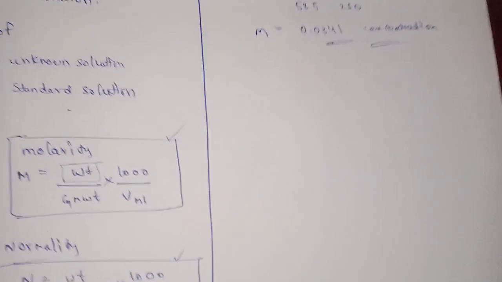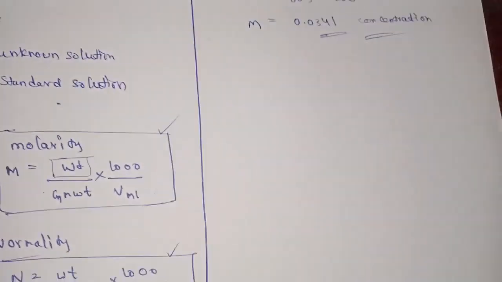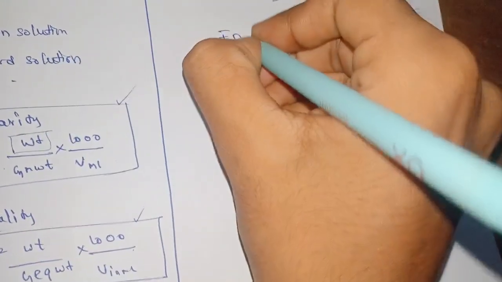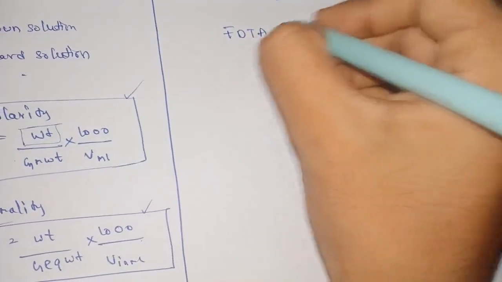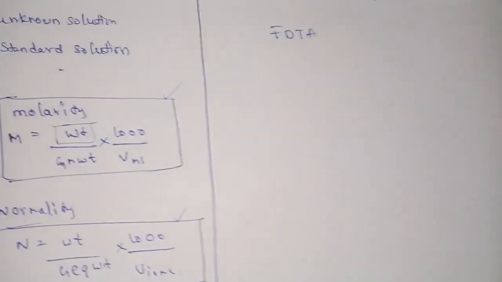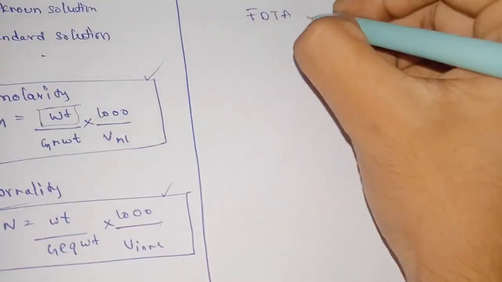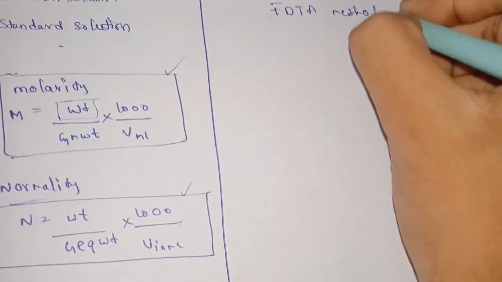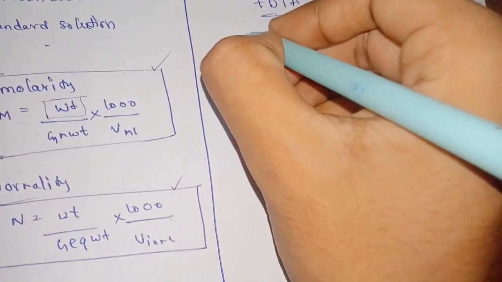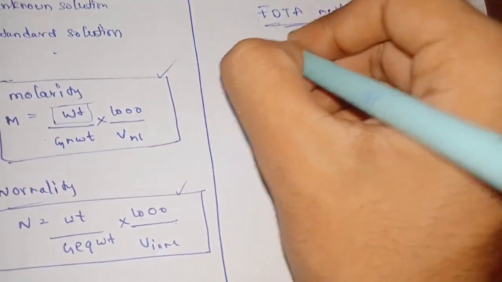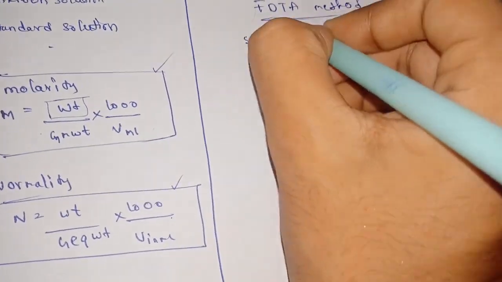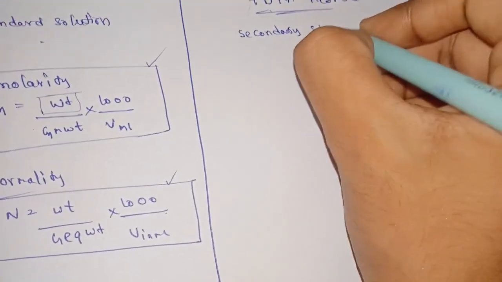So in the titration EDTA method, for determination of hardness by the EDTA method, we will use secondary standard EDTA.